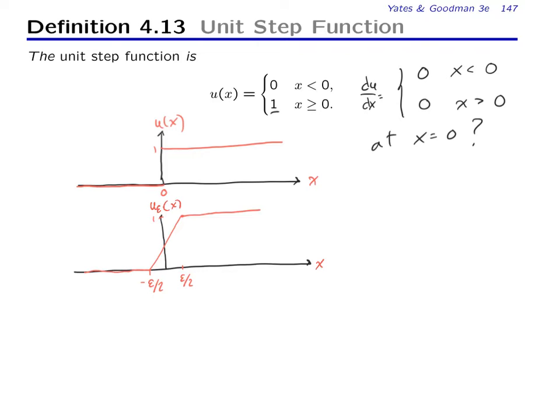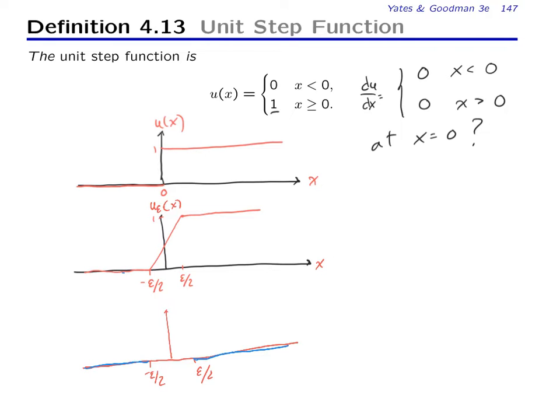So to see this, let's imagine we take a derivative of this function, and here is minus epsilon over 2, epsilon over 2. So this derivative is 0 below minus epsilon over 2, and it's 0 above epsilon over 2 because the function is flat outside of the interval around 0.